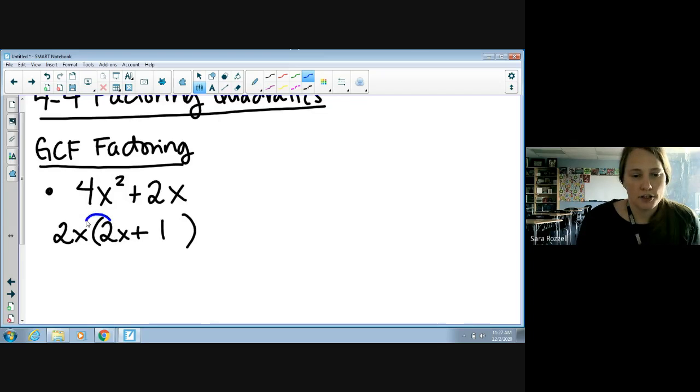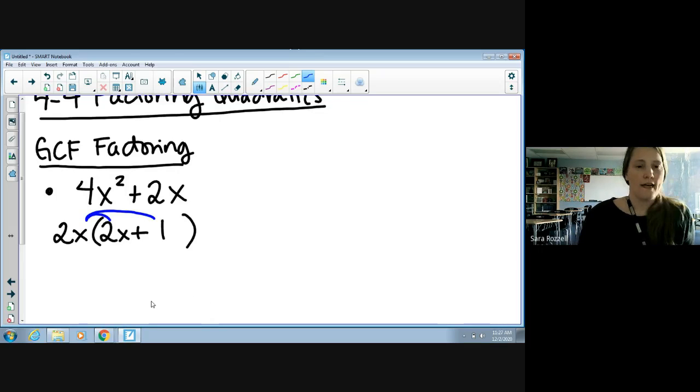We already did the first one, and that was 4x squared. Then if I do my second one, 2x times 1, that is 2x. So think of this as distributing backwards. They give you the answer. You want to write how it would be before you distributed your work.